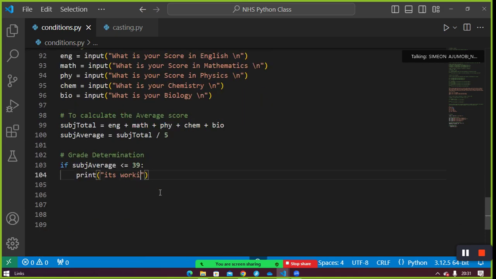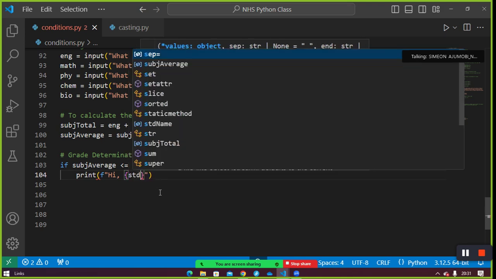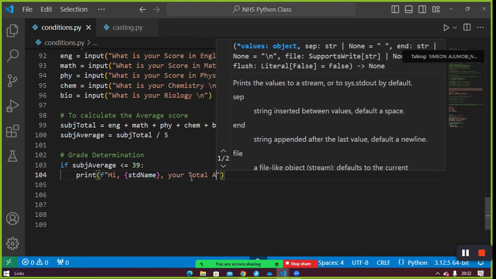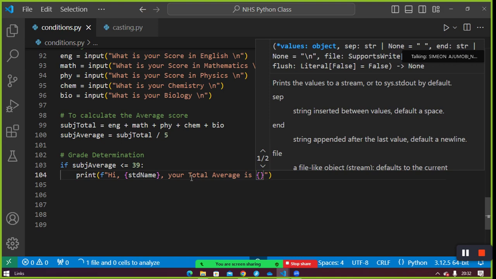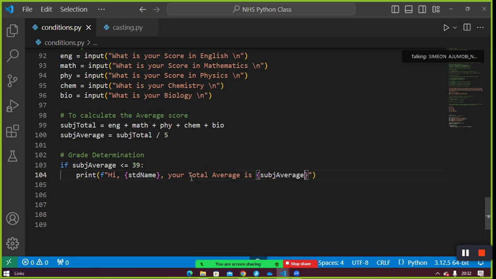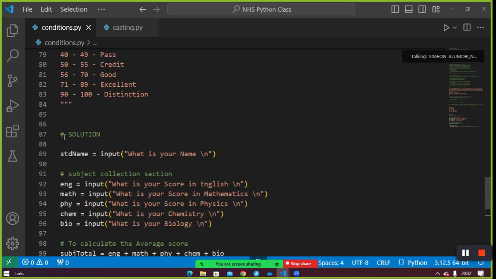So it should be a function formatted output: hi, student name, your total average is subject average, and your grade is fail. Yes, as fail.